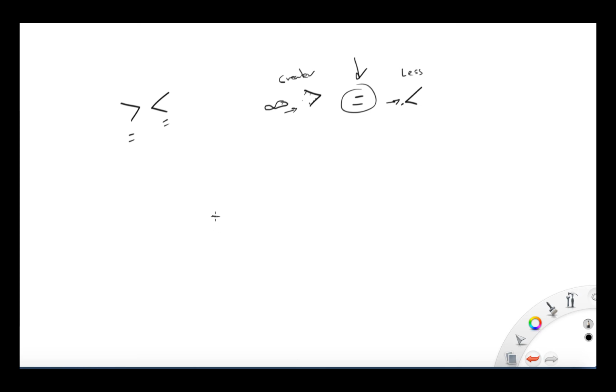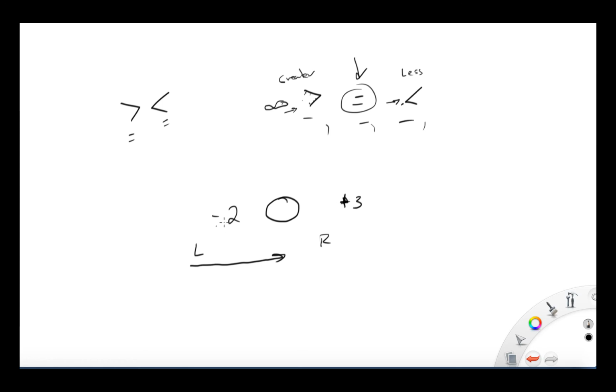So let me give an example. If we have a -2 and we have a +2, from left to right, we always read the equations from left to right. -2 is greater than, equal to, or less than, which one of these, than +3?